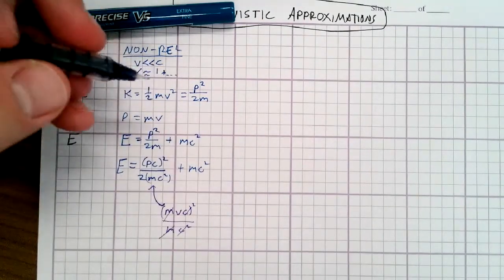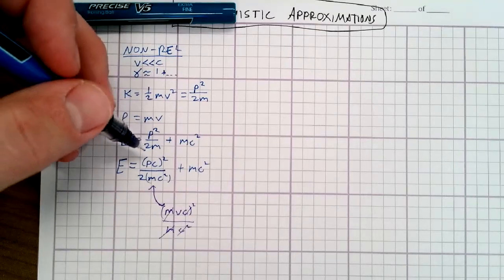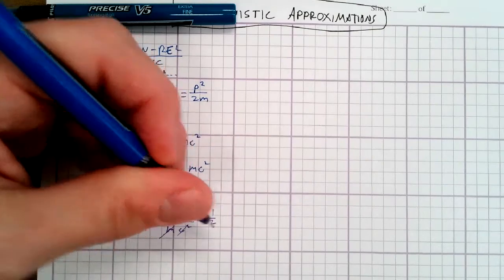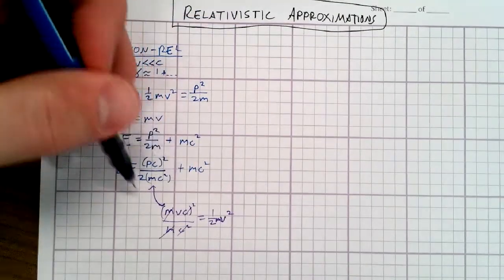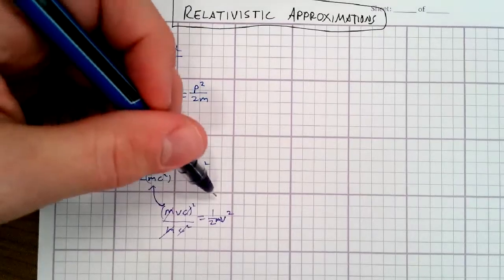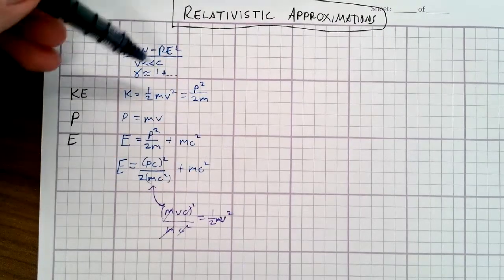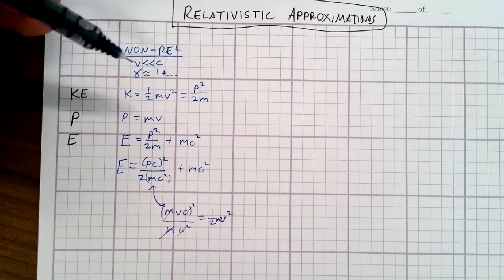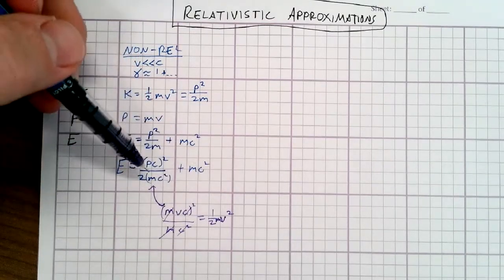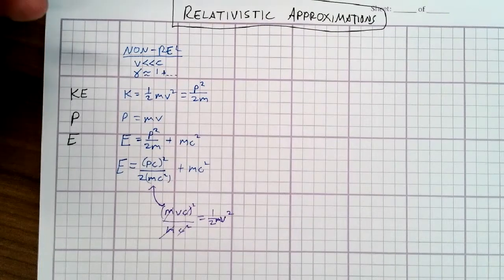So what I've got left in this term is just going to be a 1/2. So this term, just being kinetic energy, is 1/2 mv squared. How does that compare with our mc squared? Well, v is much, much less than c, so 1/2 mv squared is much, much, much less than mc squared.